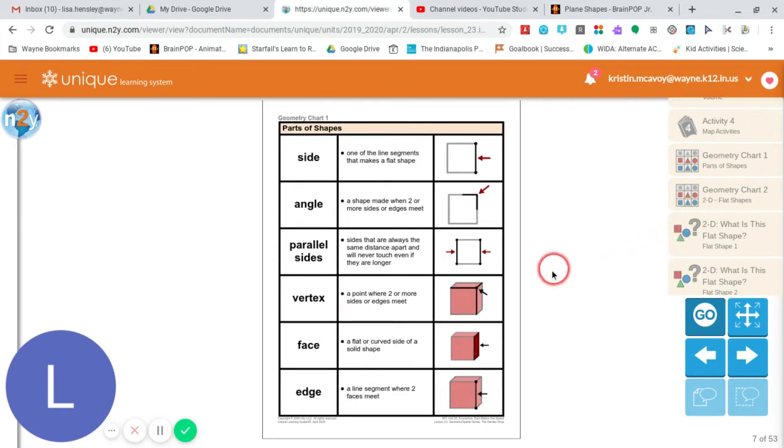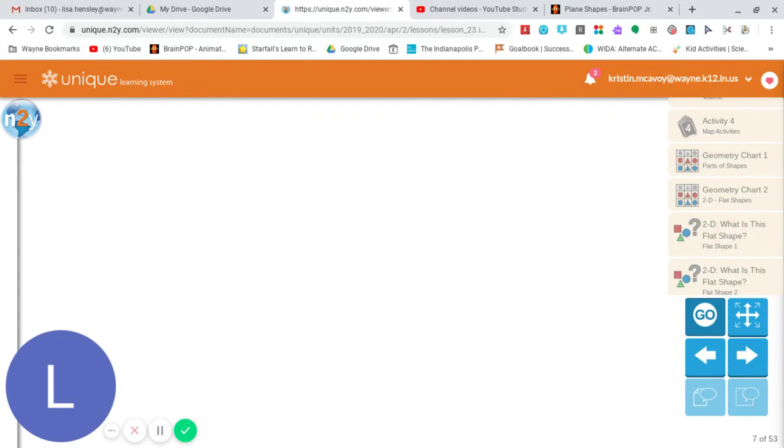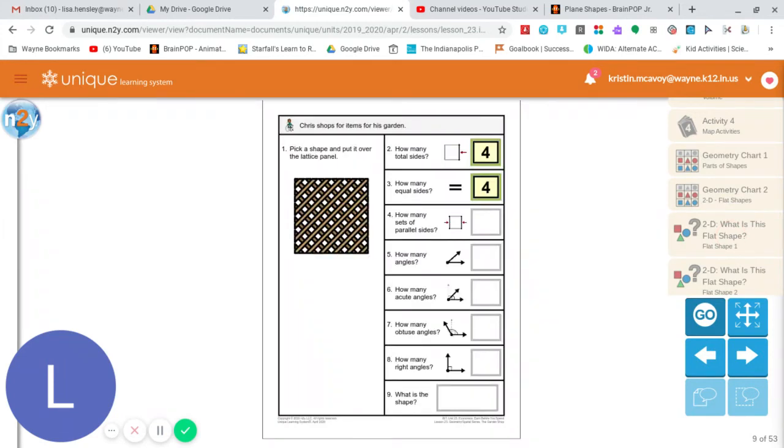Parallel sides are sides that are always the same distance apart, and they're never going to touch even if they get longer. So even if this side gets longer and this side gets longer, they're never going to touch, and they're always the same distance apart. Okay? So it wants to know how many sets of parallel sides there are.